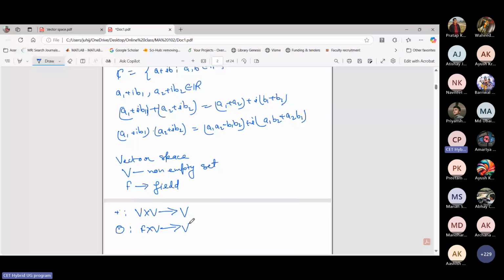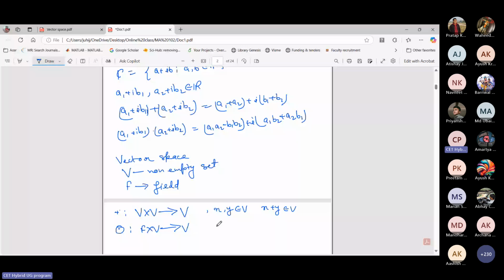Whenever we have x, y in V, then x plus y also belongs to V. And how is the second operation, the second binary function, defined?